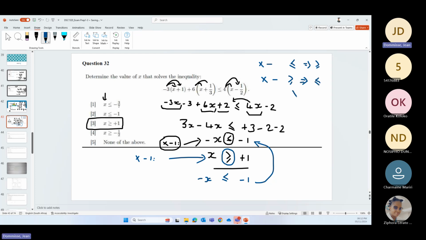If you have just a bigger than sign and you multiply that by a negative, that will also become just smaller. And the same if you have a smaller and you multiply that by a negative, that will then become the bigger sign. So that is just one of those important rules with inequalities.